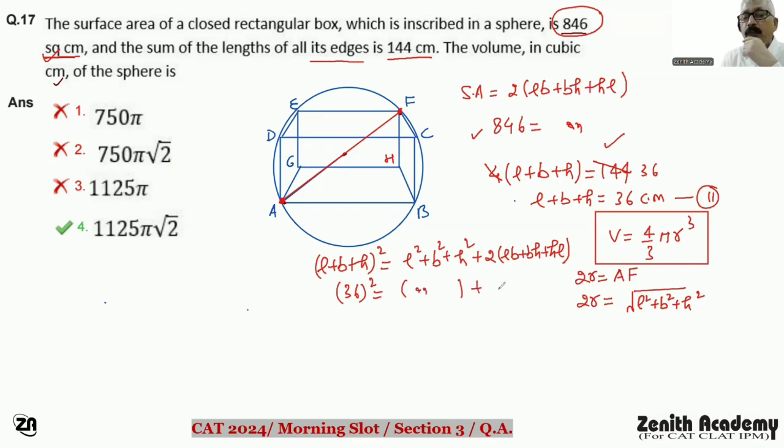It was 846. So 36 square minus 846. 36 square is 1296 minus 846 is equal to L square plus B square plus H square. 1296 minus 846, it is 450.